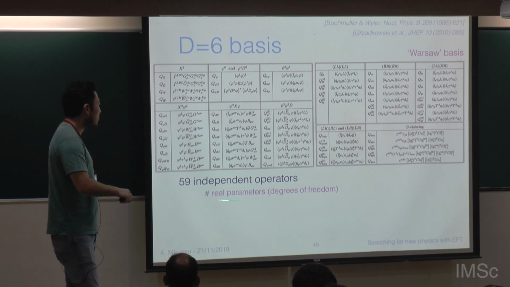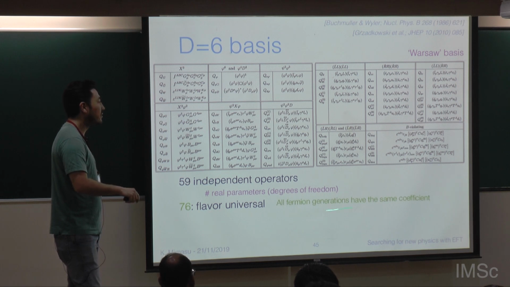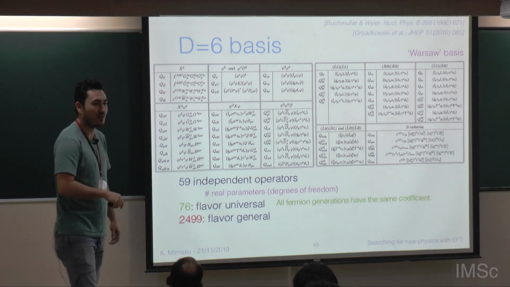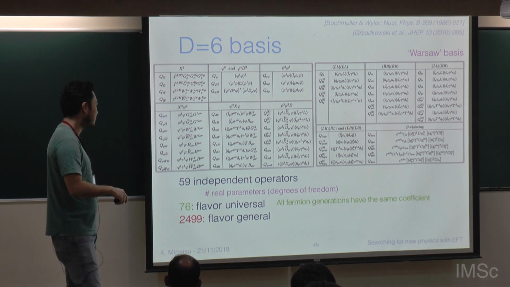And that translates to a number of independent real parameters of 76 in the flavor universal case, where all fermion generations have the same coefficient, and 2,499 in the flavor general case. 2,500 degrees of freedom already at dimension 6.